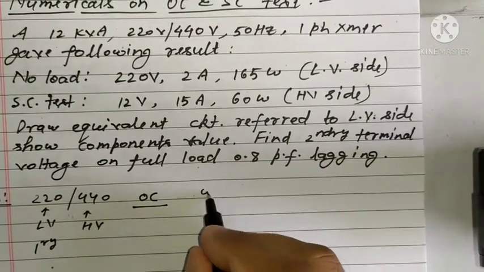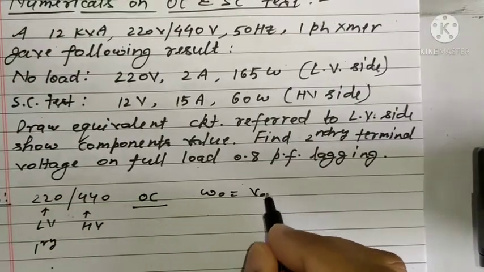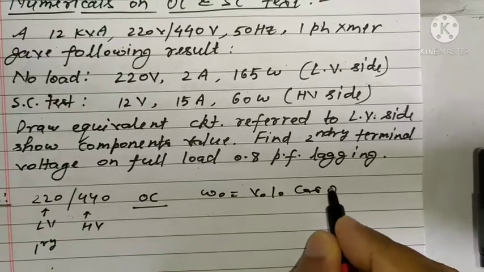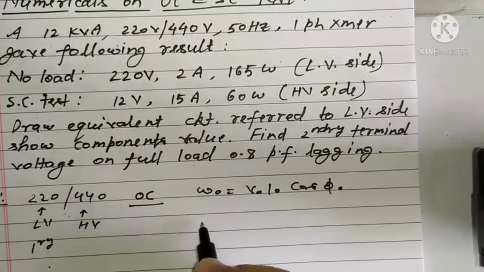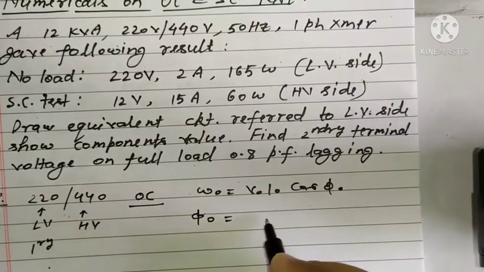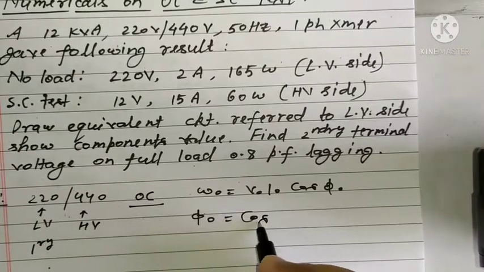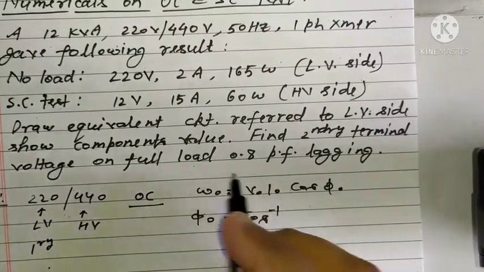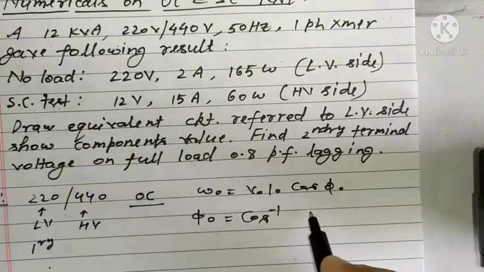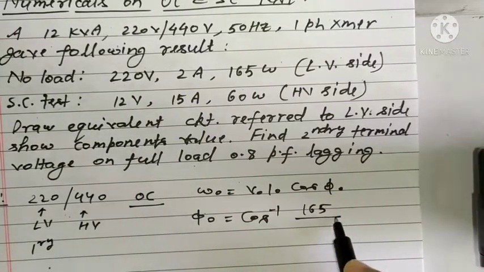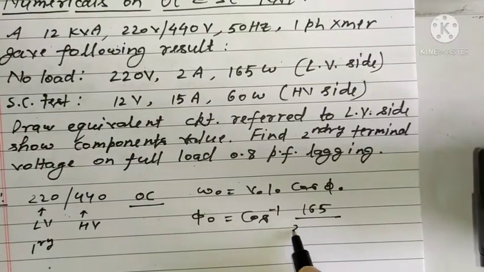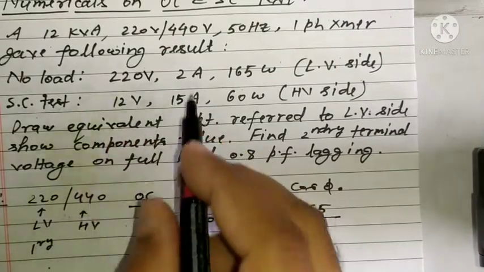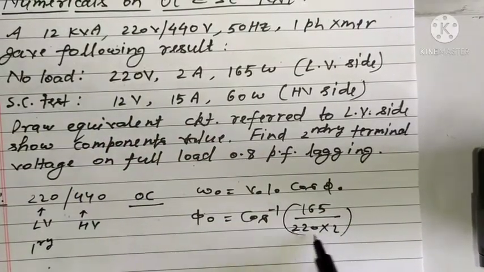we know W naught equals V naught I naught cos phi naught. So based on that I will find phi naught directly. Phi naught will be cos inverse of W naught divided by V naught I naught. So what is W naught? 165 divided by 220, which is V naught, and I naught is 2.